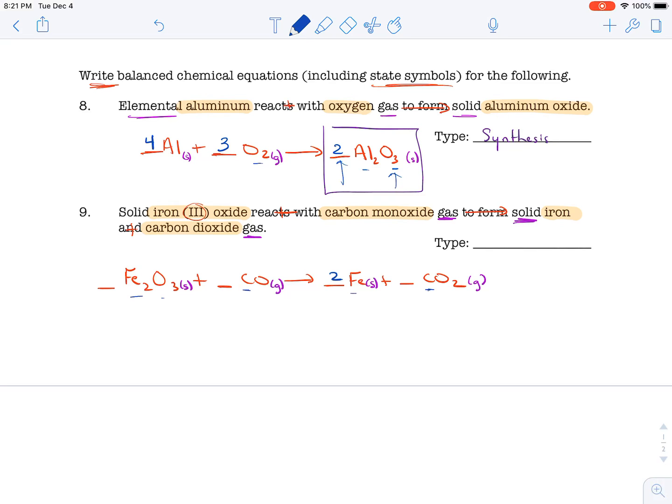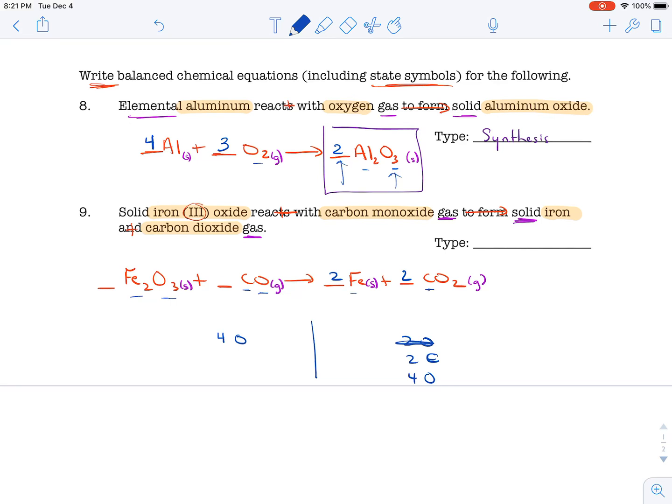All right, now our O's. We have 3 plus 1 gives me 4 O's on this side. On this side, we currently have 2 O's. So how do I get 4 O's? Well, I can put a 2 right there, which now gives me 2 C's and 4 O's.